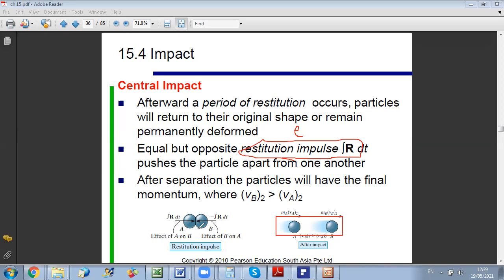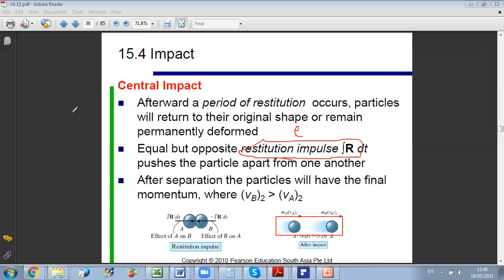In case of elastic collision, the deformation will not be permanent. So once you have separation between the balls, you don't have any deformations. They will go to their initial shape. And you have an intermediate case in between. It's not plastic and not elastic. So the restitution impulse will not be zero, but will be smaller than the deformation impulse.